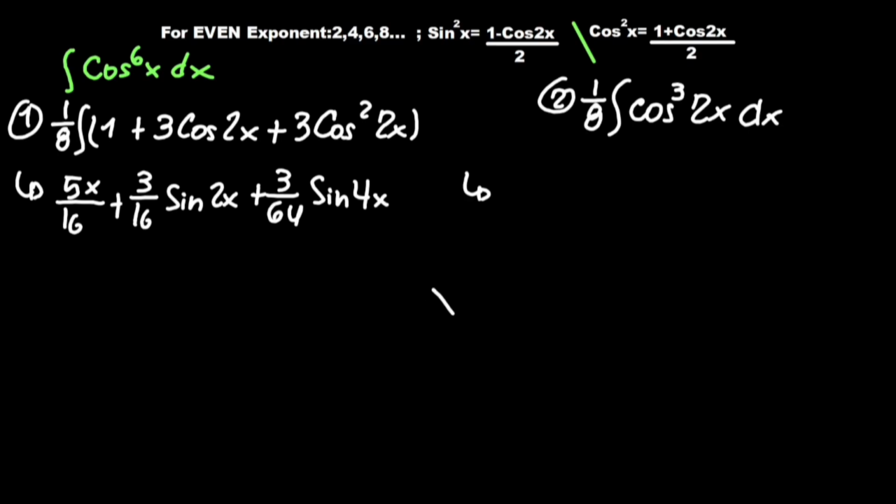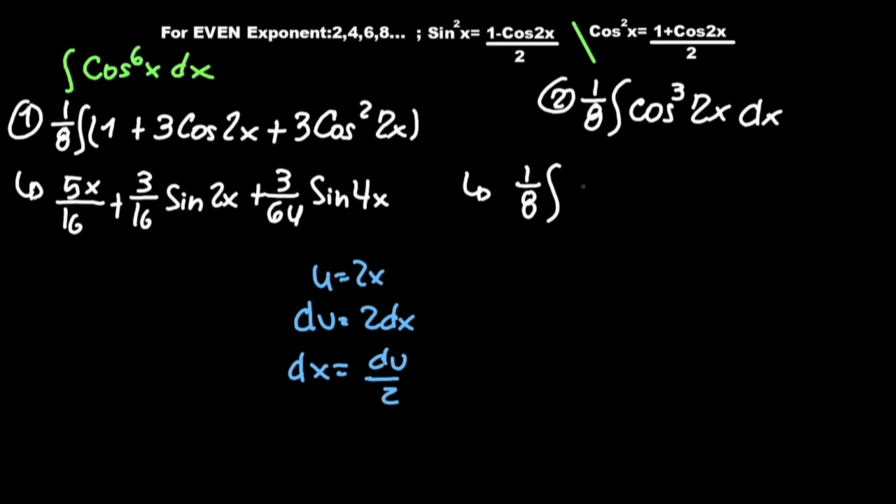So what we're going to do here is to substitute it. Let 2x right here be u. And so derivative of 2x would be 2 dx. And so by substitution, we'd have 1/8 integral of cosine cube of u. dx would be du/2. Multiply 2 by 8, we would have 1/16.